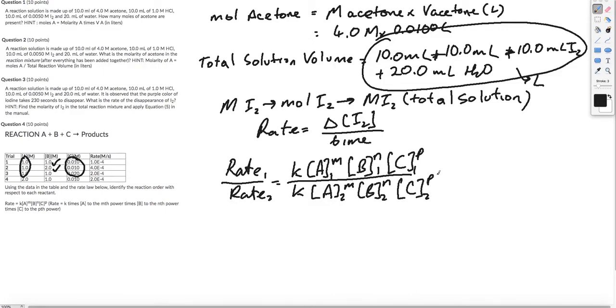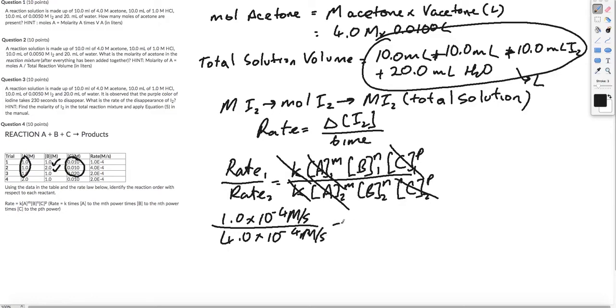Now you can see that the concentrations of A are going to be the same, so they're going to cancel. The k's are going to cancel as well. The C's are going to cancel. All we're left with then is 1.0 times 10 to the negative 4 molar per second over 4.0 times 10 to the negative 4 molar per second equals, in this case, 1.0 over 2.0 molar, and that's all to the power of n.